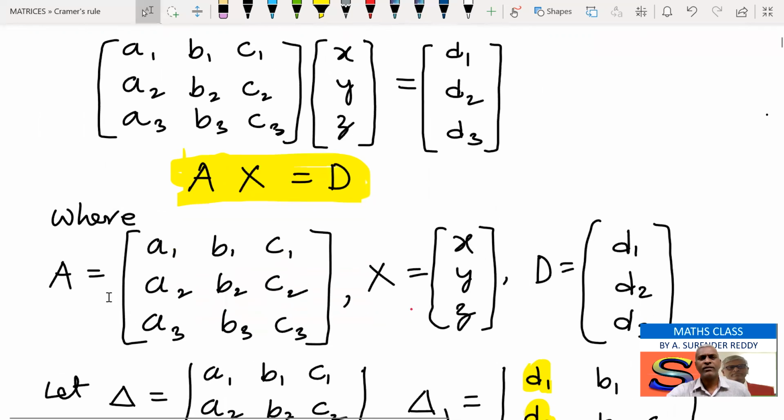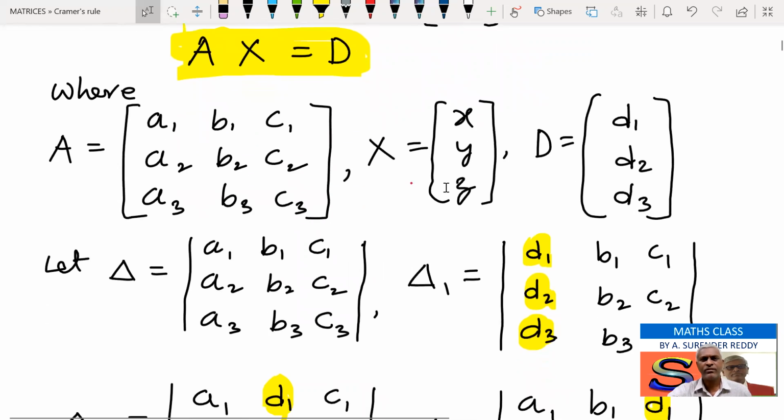Where this A first matrix is called coefficient matrix, and second X is variable matrix, and the third is constant matrix.